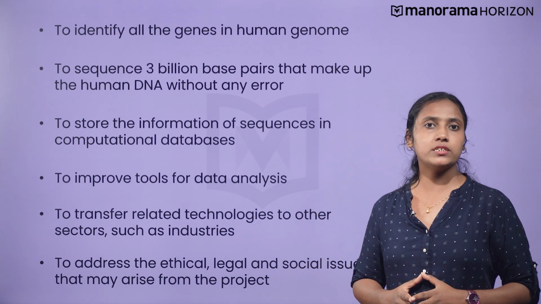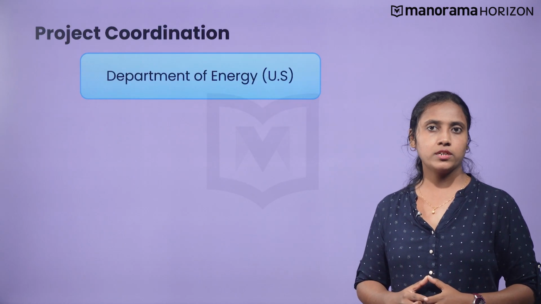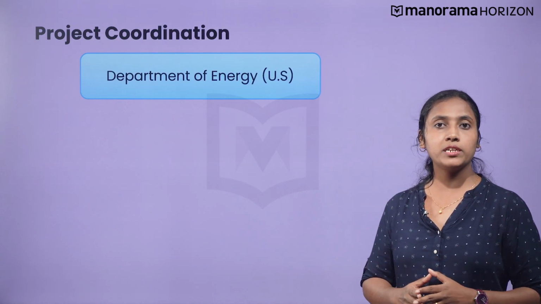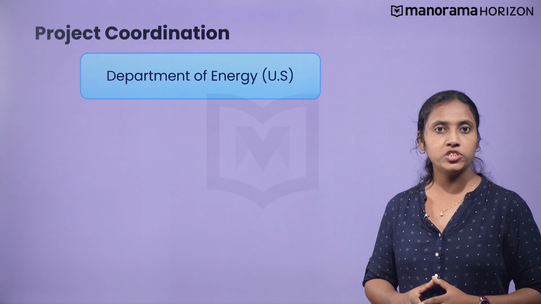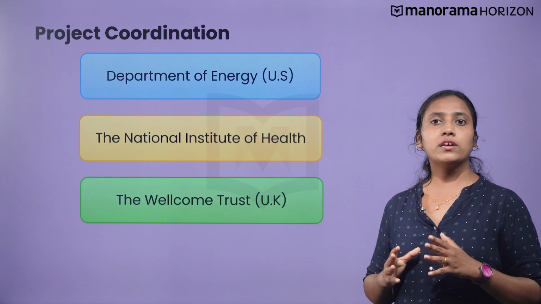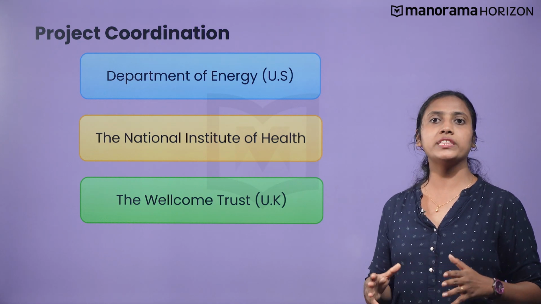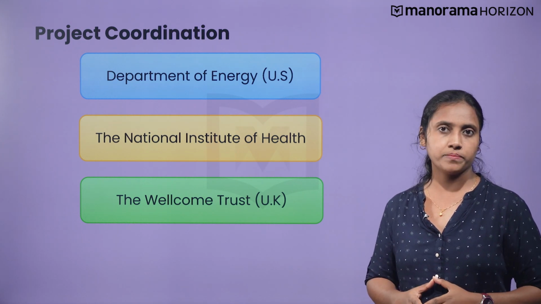As I have mentioned earlier, it took 13 years to complete the project. The project was coordinated by the US Department of Energy and the National Institutes of Health. The Wellcome Trust became one of the major partners during the inception of the project.